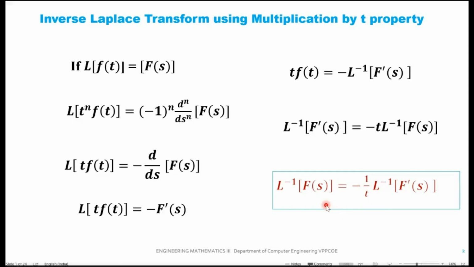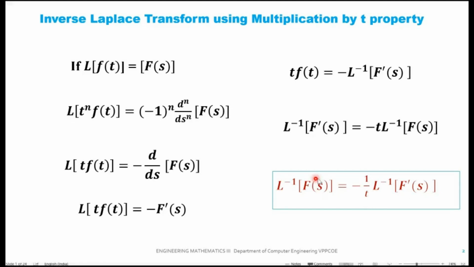Meaning is that now there are some functions which when differentiated reduce to the standard form where L inverse can be easily calculated. ठीक है? तो हमें क्या करना पड़ेगा, जो भी f of s है उसको डिफरेंशिएट करके यहाँ पे लिखना है और बाहर minus 1 by t लिखना है. Okay, clear all of you?